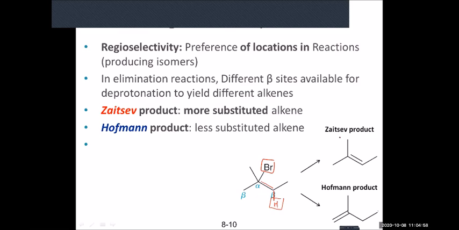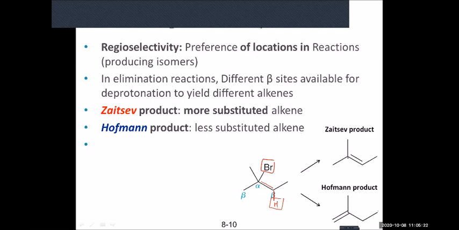Zaitsev is a Russian chemist, and he first discovered the pattern when the elimination reaction takes place. It seems like always have a pattern, and that pattern is he called it Zaitsev product. There's a name for that. Zaitsev product, it is the end of the alkene.